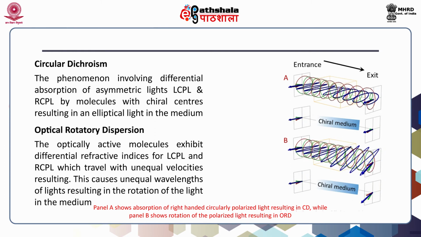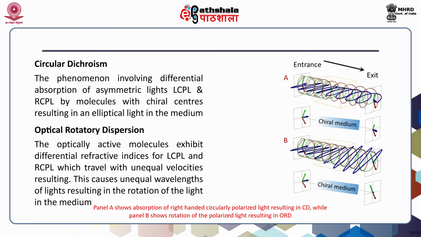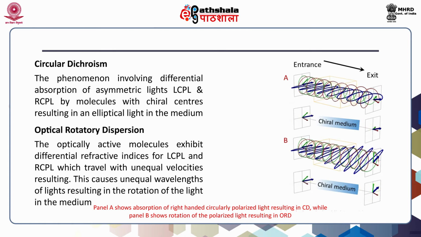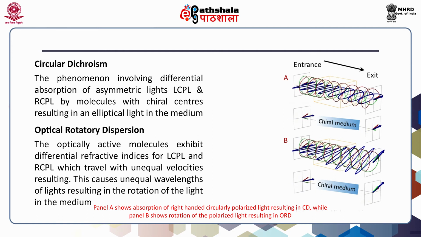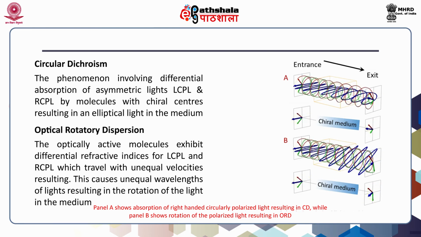They are rotating clockwise and anti-clockwise, and the resultant is again the blue color. After coming out of the chiral medium, the angle of rotation has changed. Previously, before entering the medium, it was oscillating horizontally, but now it is rotated almost at a 45-degree angle from the previous one. This angle is the rotation angle, and the phenomenon as a function of wavelength is known as optical rotatory dispersion.